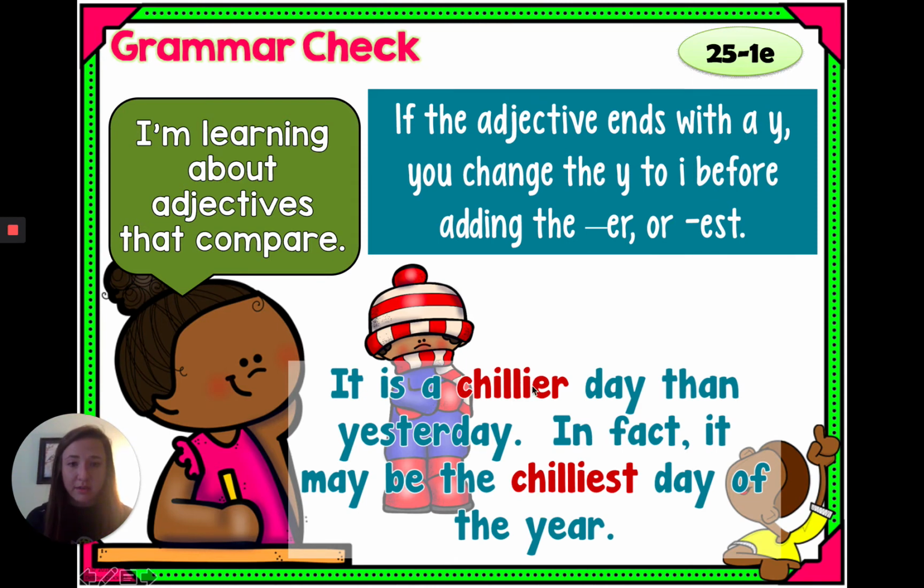We wanted to make that word chillier, so they changed the y to an i and added er because they are comparing 2 days, today and yesterday. It is a chillier day than yesterday. In fact, it may be the chilliest day of the year. Now they're comparing 3 or more days. So they changed chilly by dropping the y, adding i, and then est.